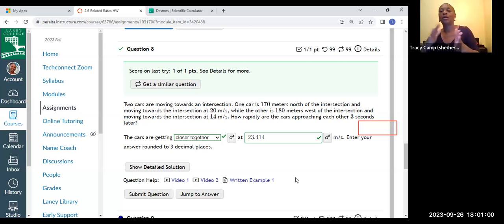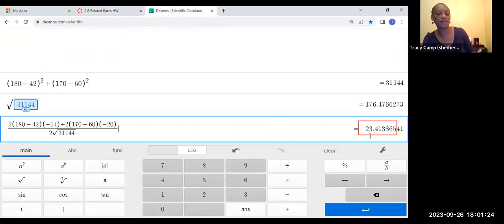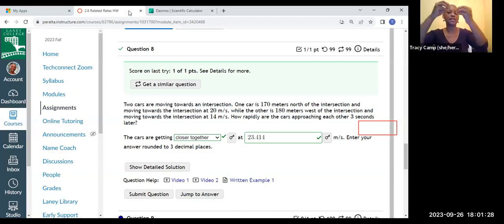But if I were just speaking with a person who does not speak math, right, I would say, oh, I drove 60 miles per hour to go back home, right? So I think that's what they're asking for here. When they say the cars are getting closer together, they want you to recognize that when you got a negative result here, that meant that the distance between each other was decreasing.